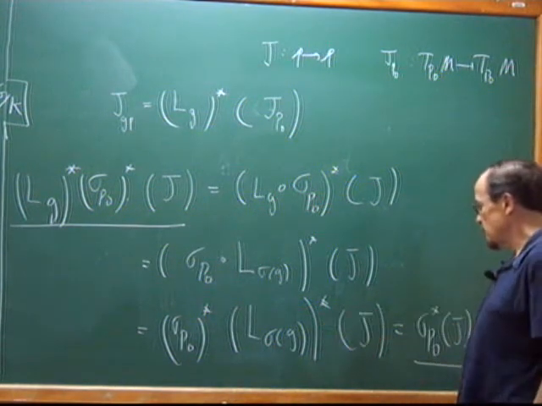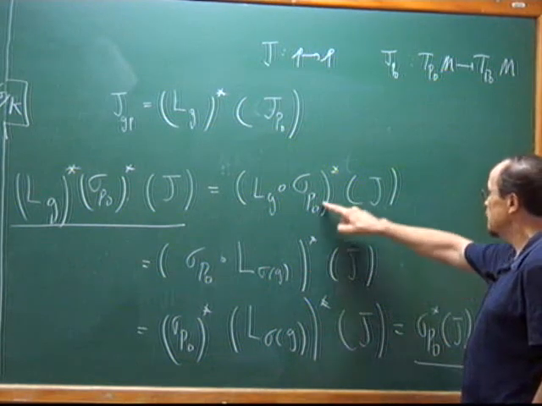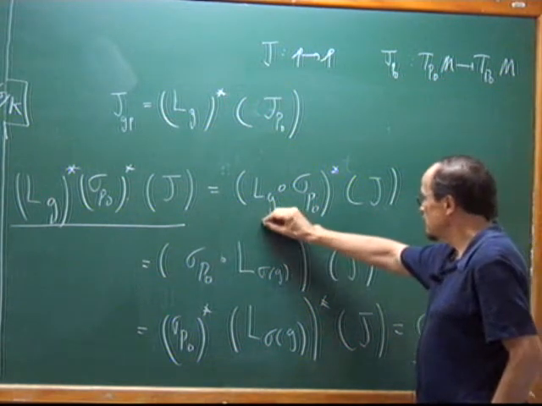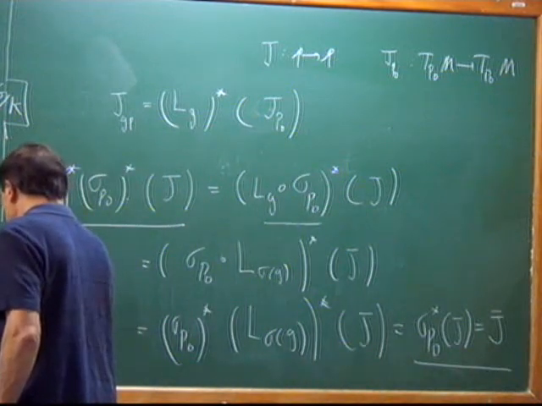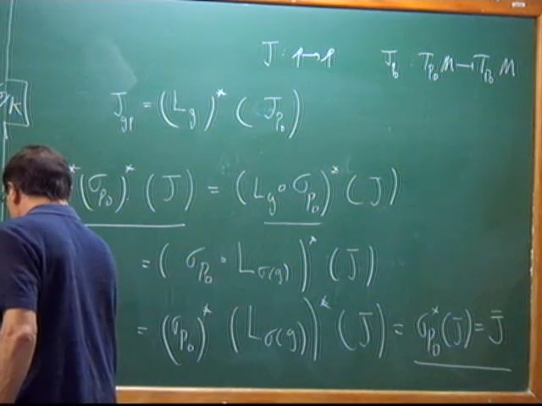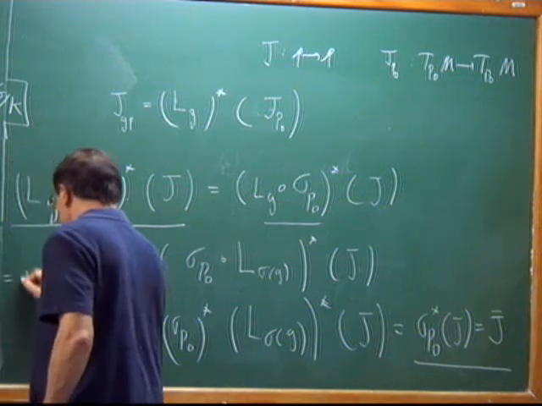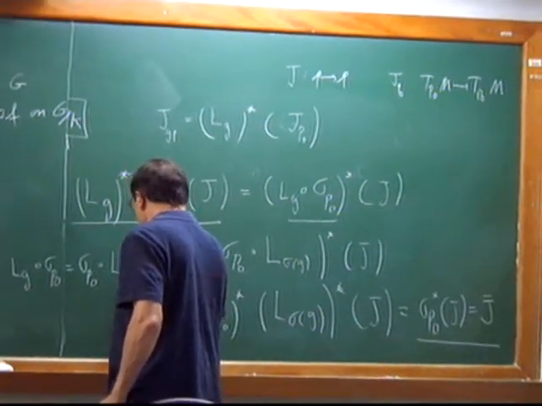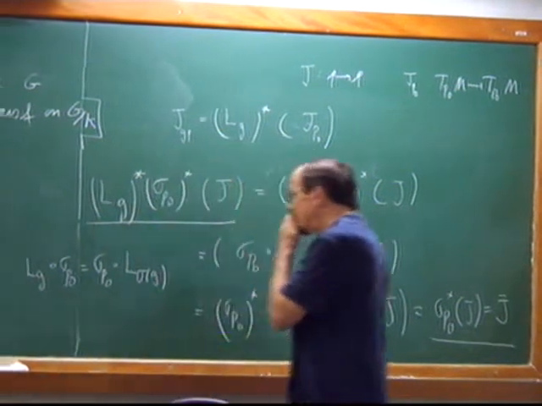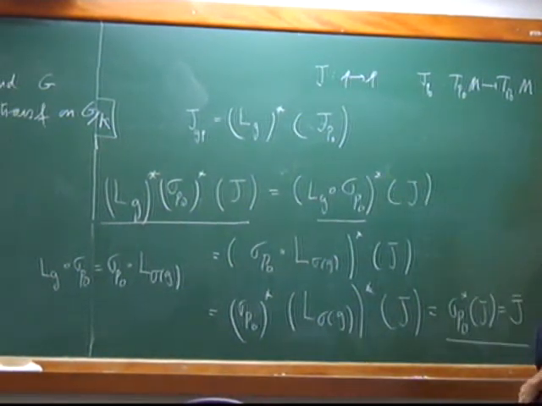For this step right here, this is an equality that we've seen before. The general fact was that L G composed with the symmetry at my base point is the symmetry at the base point composed with L of sigma of G. We've done that before.